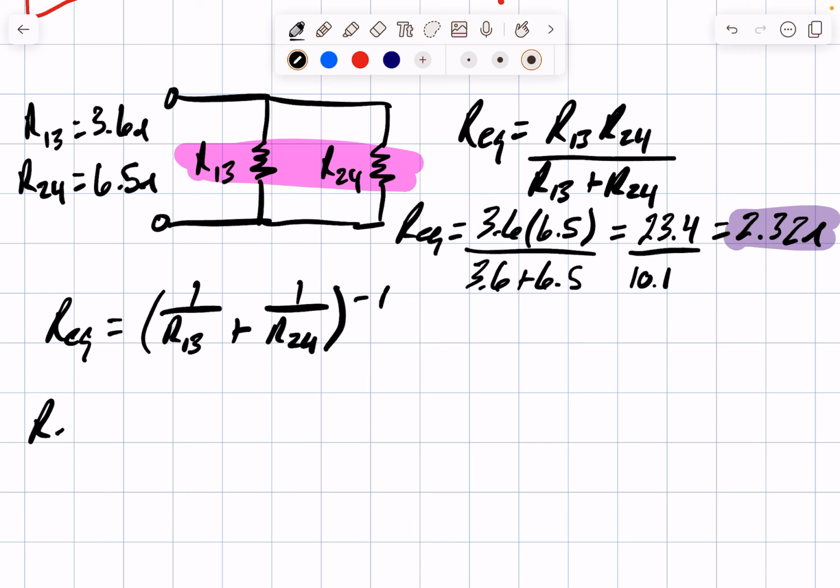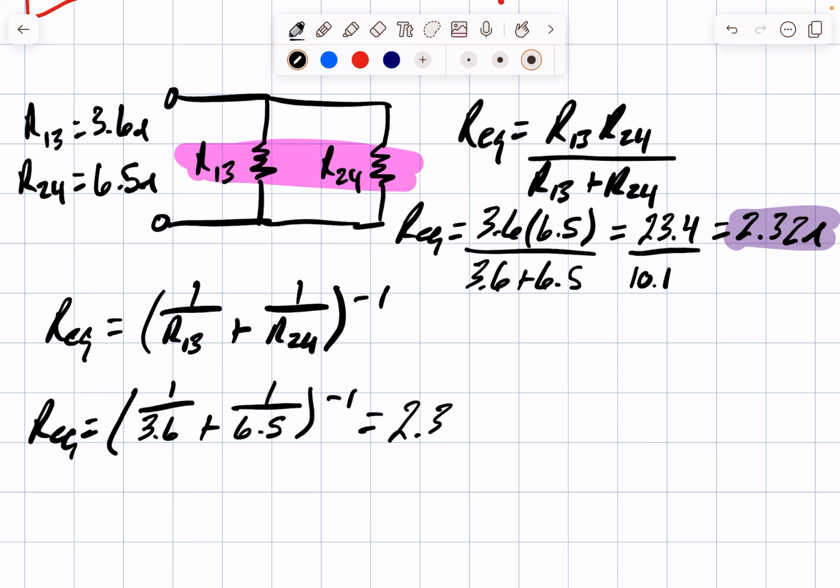So we just can plug in our numbers here that we had for R13 and R24. So we have (1 over 3.6 plus 1 over 6.5) to the power negative 1. And as we can see, we will get the same answer of 2.32 ohms.